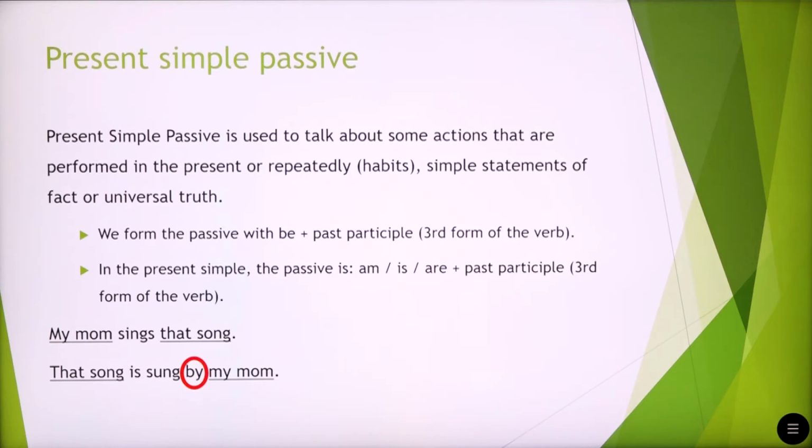Remember that in passive voice we have the agent, and in active voice we have the subject. Here's the subject, my mom sings that song. Here's the agent, that song is sung by my mom. So my mom in this case is the agent.